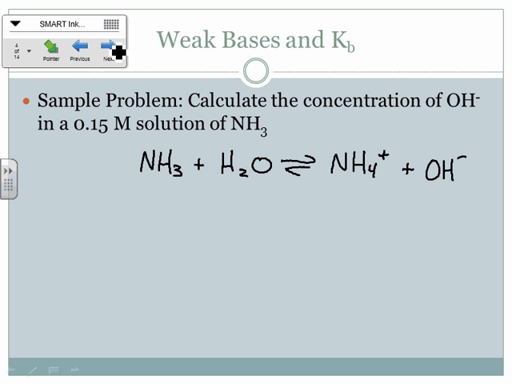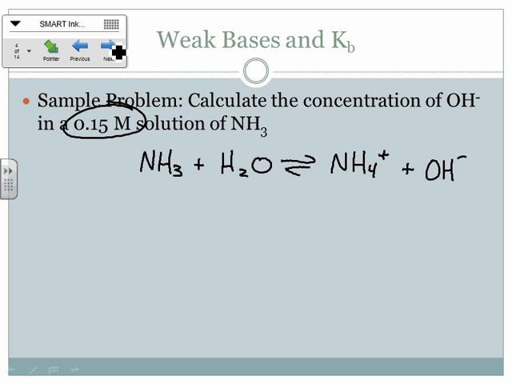Okay, and we want to know the concentration of the OH minus in a 0.15 molar solution of NH3. Now this is kind of an awkward way to ask this question. You have to understand what they want when they ask this sort of question. Because to make a 0.15 molar solution of NH3, we're probably going to put the ammonia into the water, and figure out how much we need to put into the water in order to make a 0.15 molar solution.